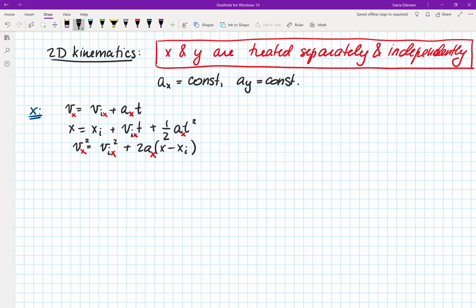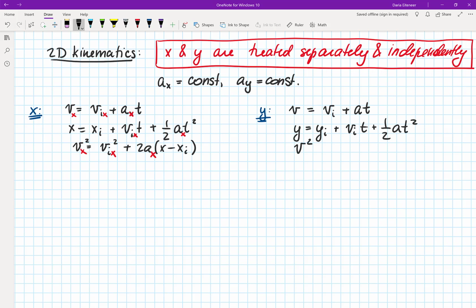Then I'm going to do the same thing for y, to keep things consistent. Notice I'm not even going to worry about free fall. I'm only going to literally write these general equations as applied to the y component.